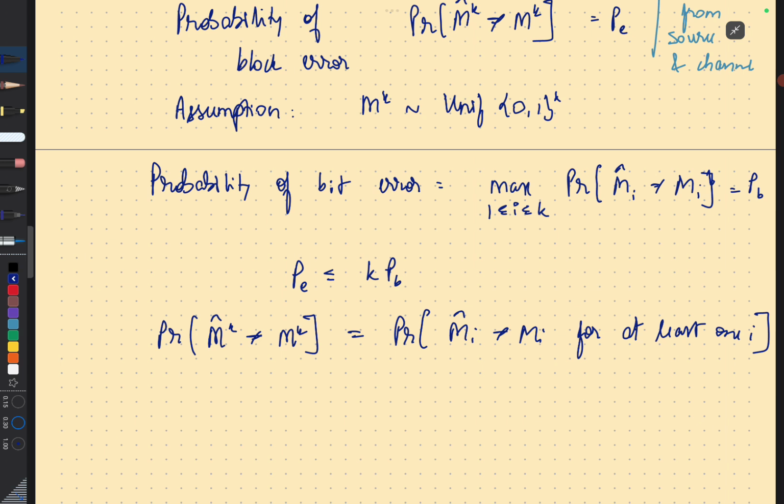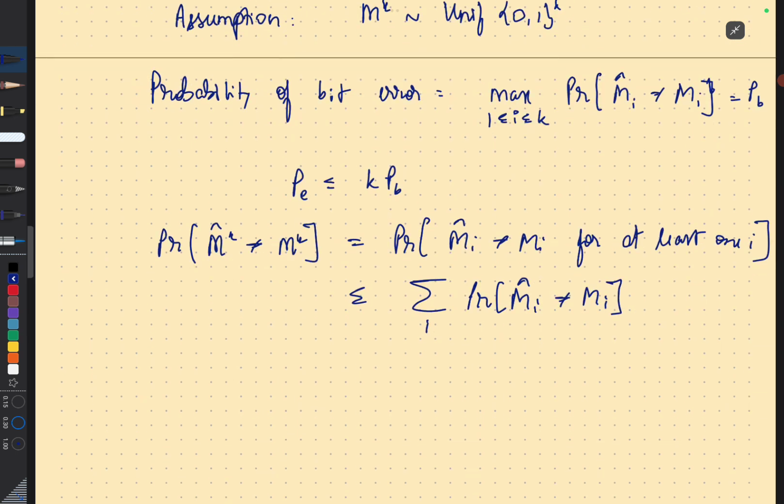Which is a union of the events that m_i hat is not equal to m_i. This is less than or equal to, by the union bound, the sum of the probabilities of each of those events, which is less than or equal to K times PB. Okay, so there is this relationship between the two.